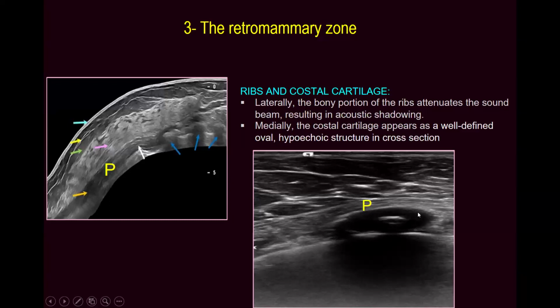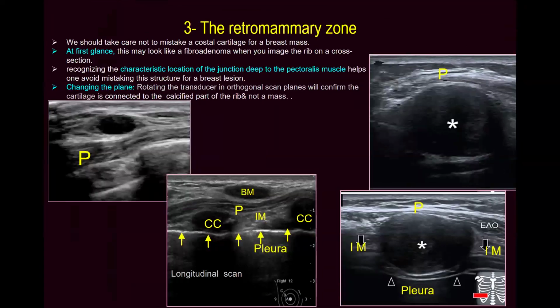And this one is a costal cartilage, but it is posterior to the pectoralis, in cross section a hypoechoic costal cartilage. So if we see oval hypoechoic lesion-like structures, we have to make sure: is it a costal cartilage or is it a lesion? We discussed it before, but again we are going to discuss it here because it is relevant.